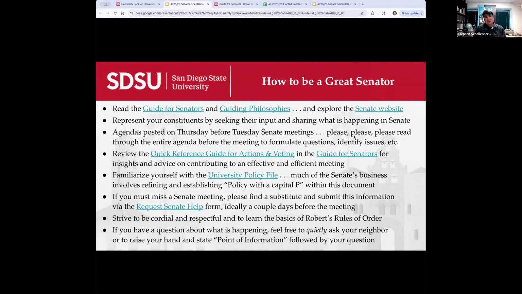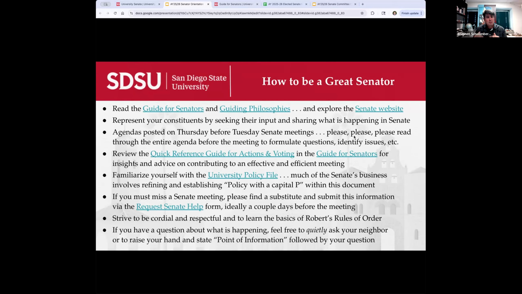Your job basically is, you've been elected in most cases to represent your constituents. So we encourage you to seek their input and bring things back to them and talk to folks, whoever your constituents are. The other big thing that we really need you to do: we have made a commitment to getting the agendas posted on the Thursday before the Tuesday Senate meetings.